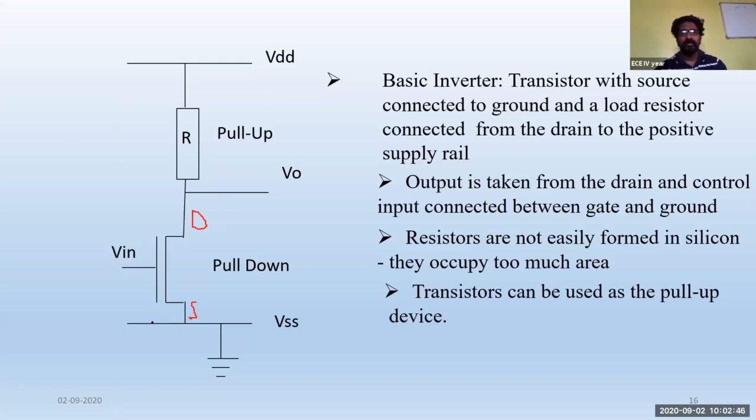The main reason for switching from a resistor to a transistor is that we cannot easily design a resistor in silicon fabrication. It is very complex, and it also occupies a large amount of area. That's why, to have the same working conditions as the resistor, we go for the pseudo resistor, which is designed with the help of a MOSFET. So resistors can also be used as pull-up devices.